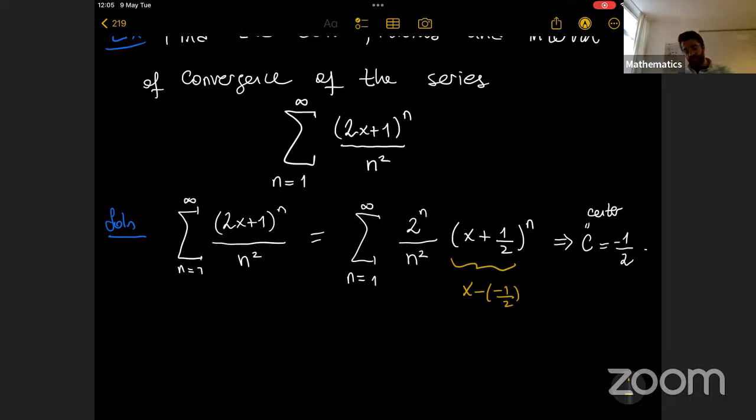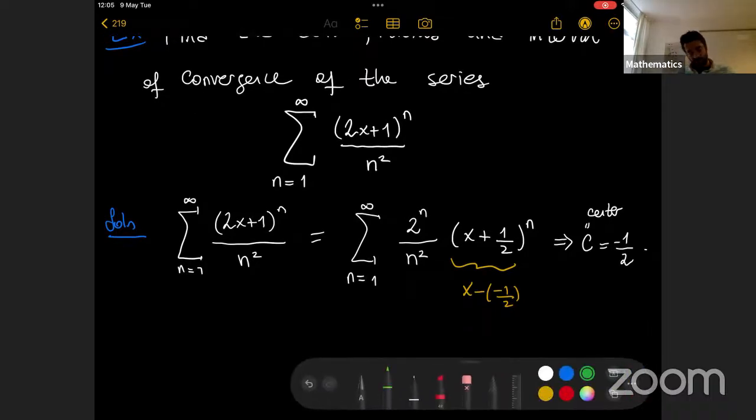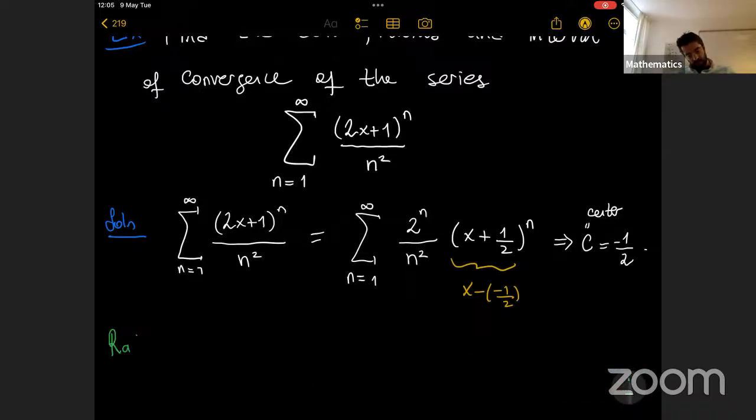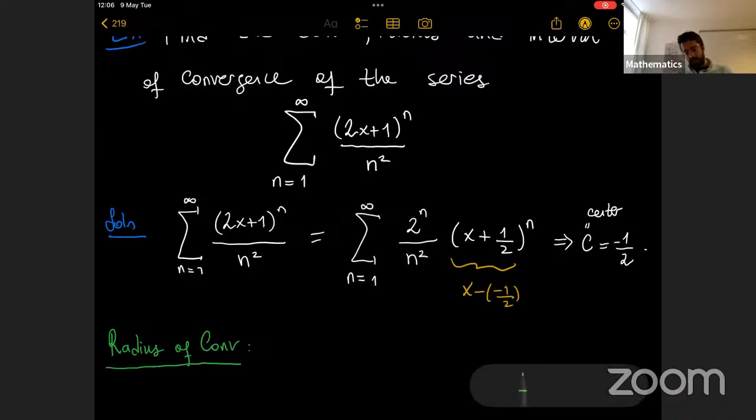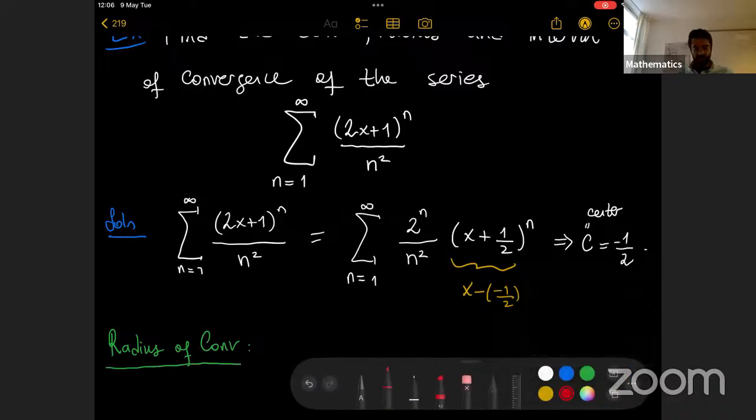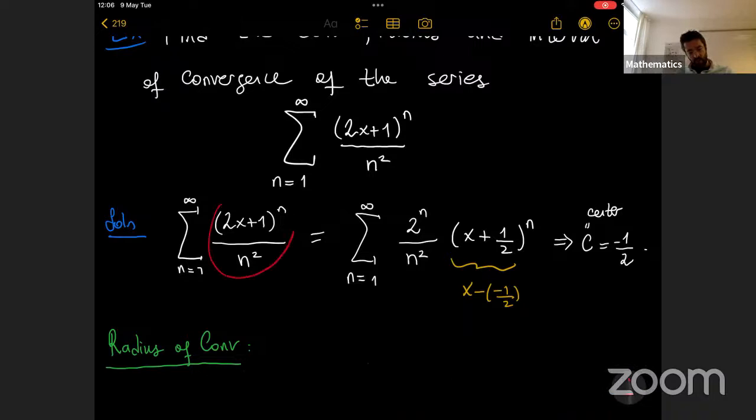Well, let us find the radius of convergence. There are different ways to deal with this radius of convergence. We will use the ratio test. You can also apply the ratio test in different ways. I prefer this way. I will call the whole thing here Bn.